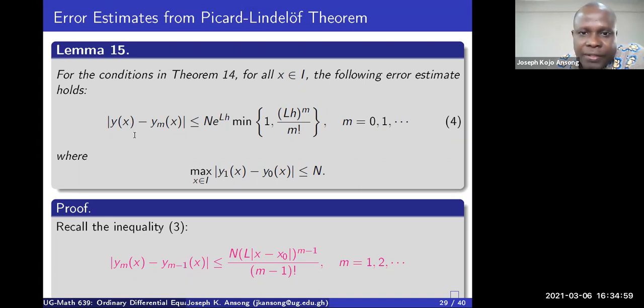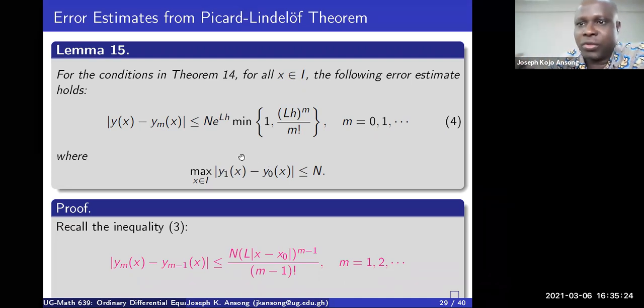Once I know whatever is on the right-hand side here, I know the difference in absolute terms between my estimate and the actual solution, even though I don't have the actual solution. I can tell you that my error should not be more than this quantity here, which is given by this.